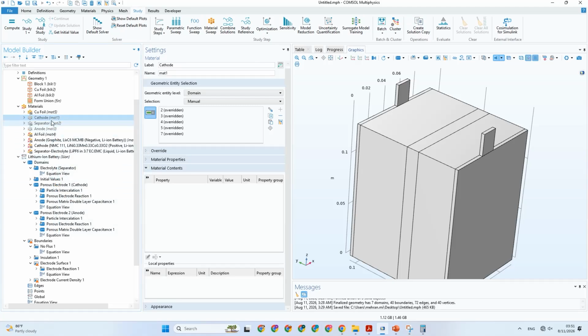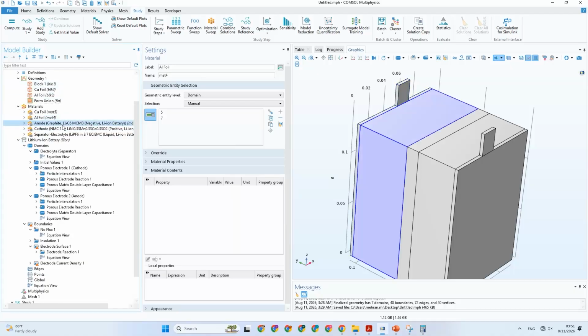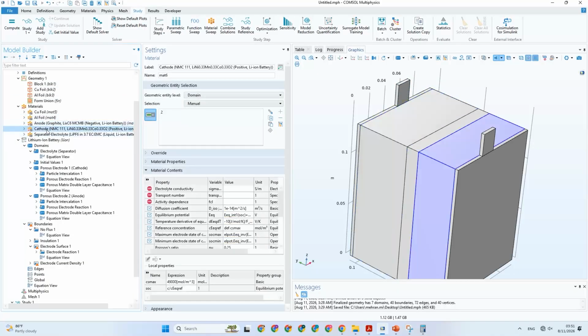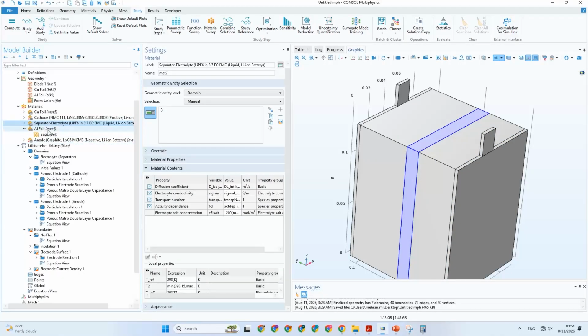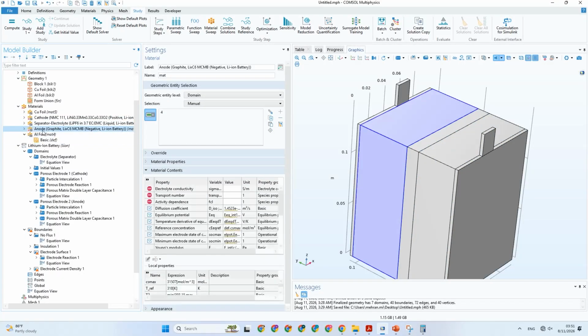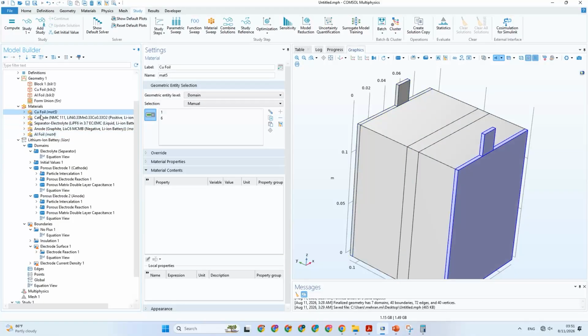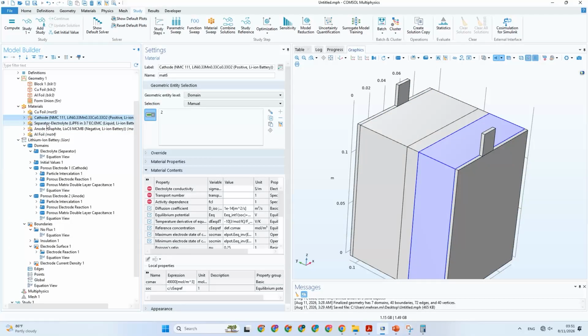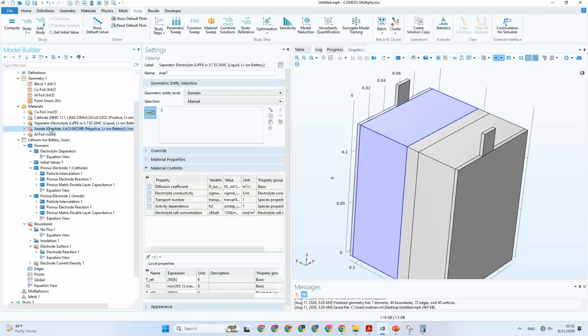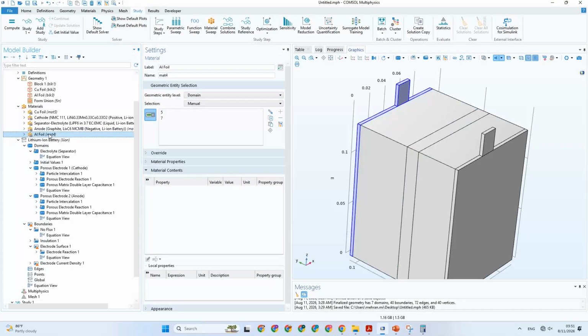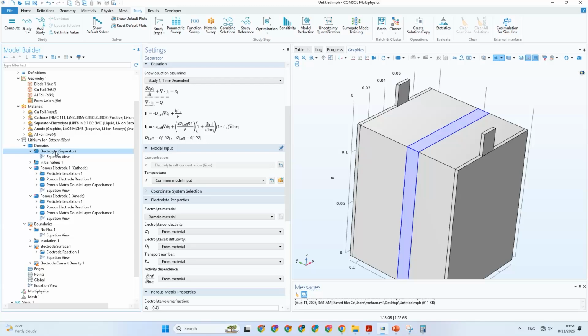I can remove this. Cathode here, separator, foil, cathode, separator on it, and I just say it. Okay. Here also I check it. It is electrolyte. Okay.